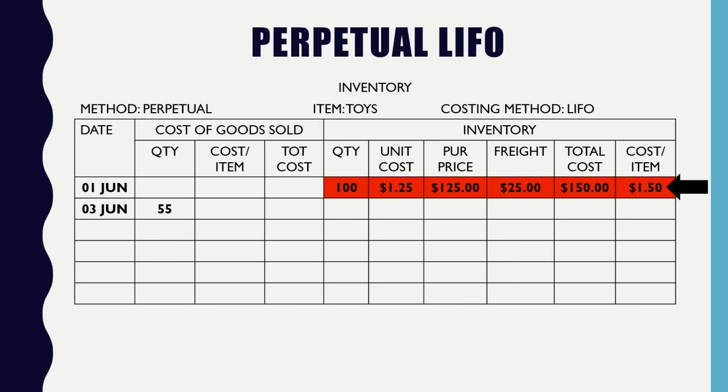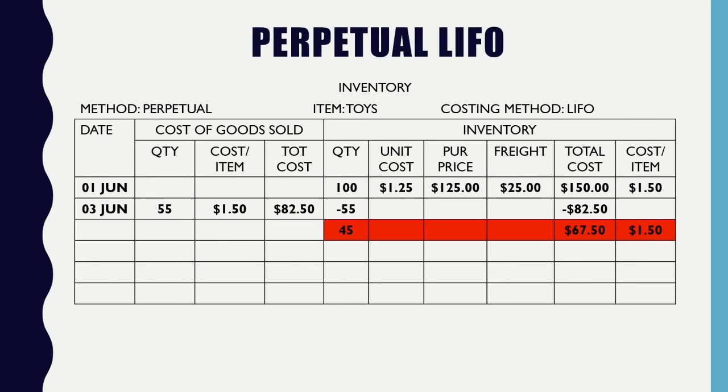So we calculate from here and pull through: $1.50 times 55 gives us $82.50. We recognize that this transaction has happened, and we update our first batch to be now 45 items instead of 100, costing $67.50.